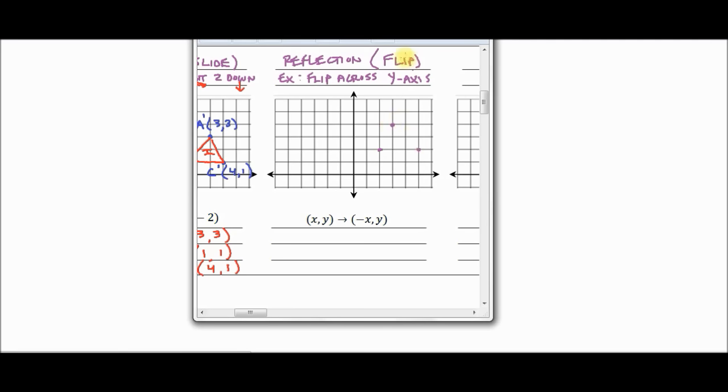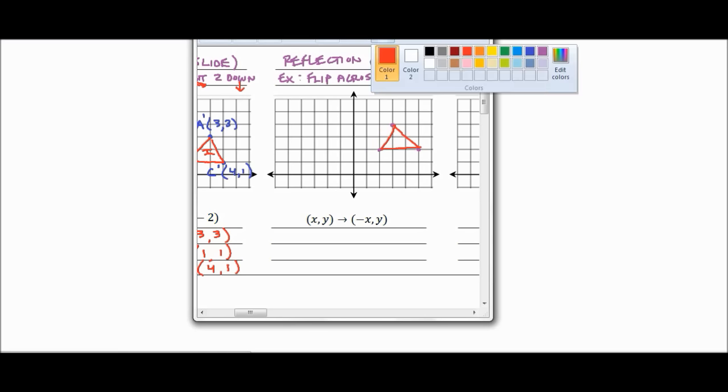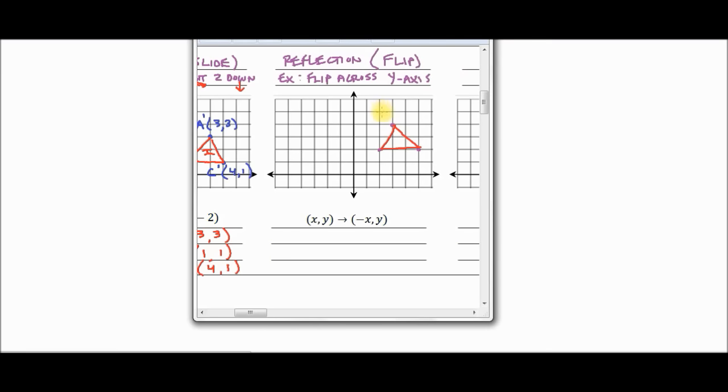Here's an example triangle. Let's go ahead and connect those points together. And we'll label these. So it's going to be A, which looks like it's at 3, 4, and B looks like it's at 2, 2, and C is at 5, 2.